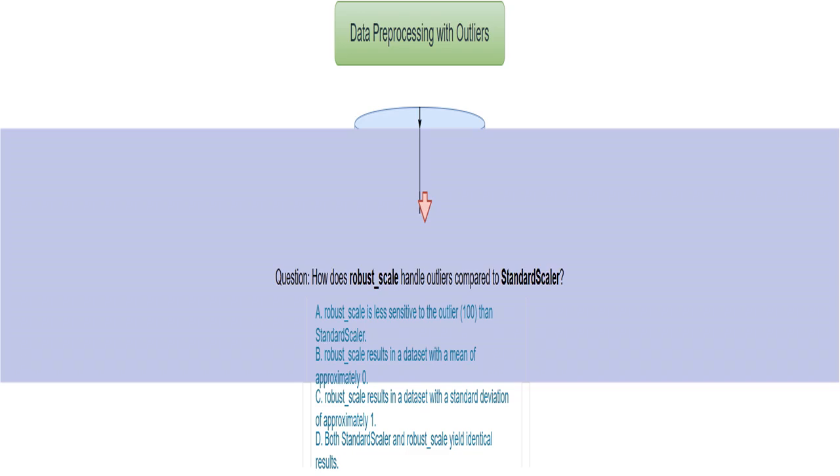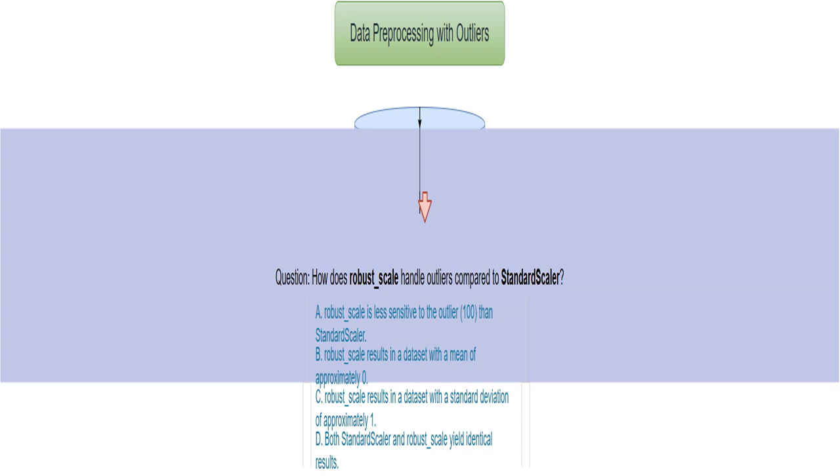The question is asking us to compare the behavior of RobustScaler with StandardScaler when dealing with outliers. Think about it. StandardScaler uses the mean and standard deviation. Outliers strongly affect these values. RobustScaler, on the other hand, uses the median and interquartile range, IQR.